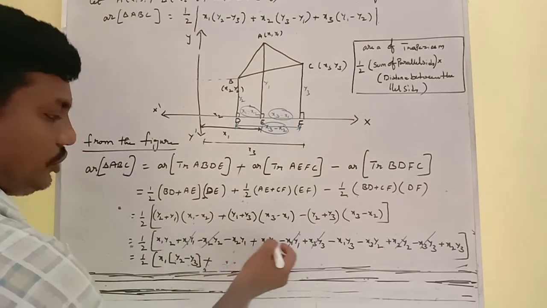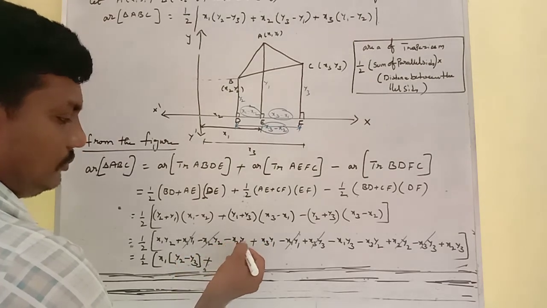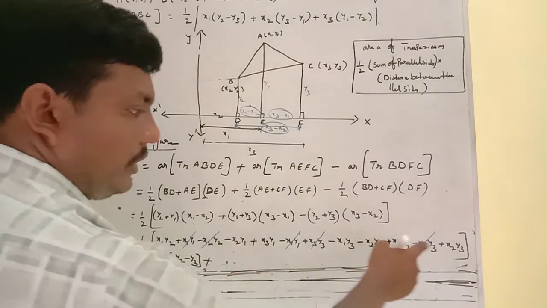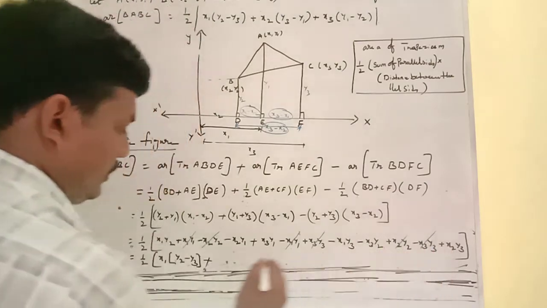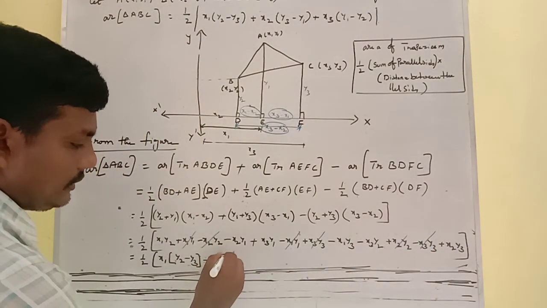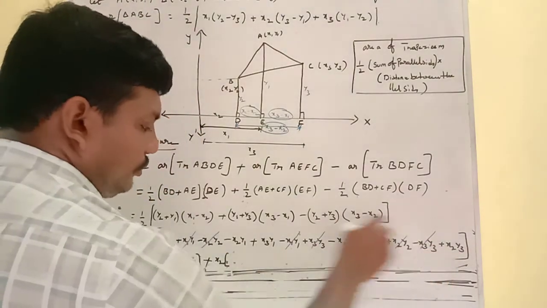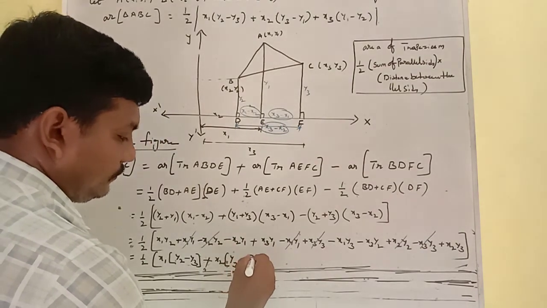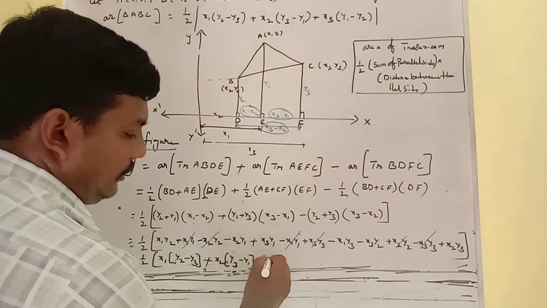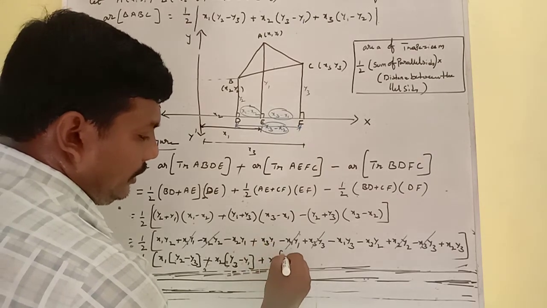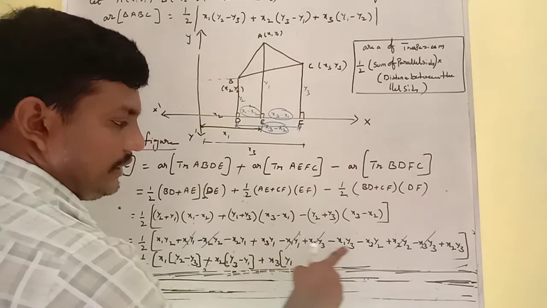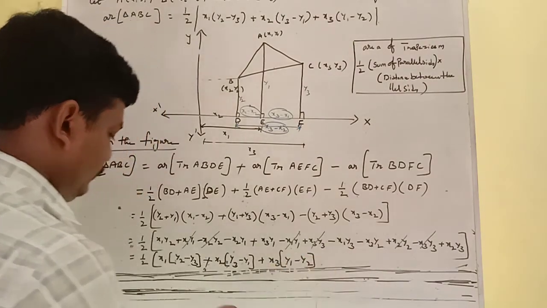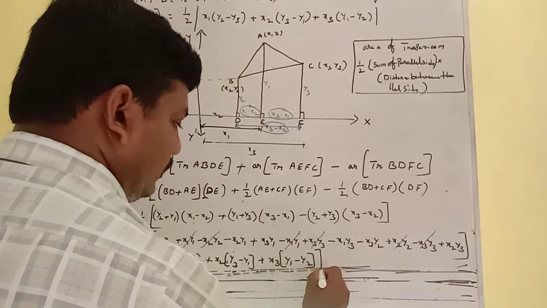Plus the x2 terms: this is an x2 term, and another x2 term is here. So I consider x2 common, y3 minus y1. Plus the x3 term, x3 into y1, and x3 again here, minus y2. So this is the formula.